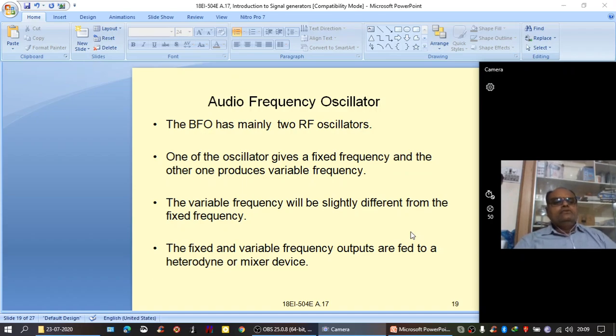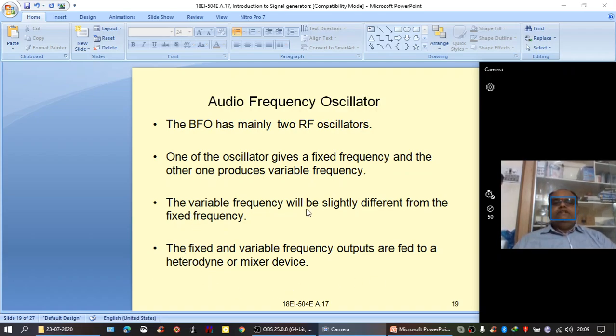The decoded information will not be audible as such. When it is applied to a beat frequency oscillator, it produces an audio frequency signal, and when that is given to a speaker, you can get an audible signal.